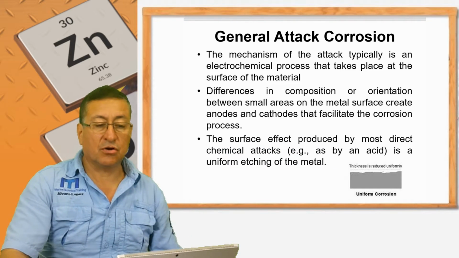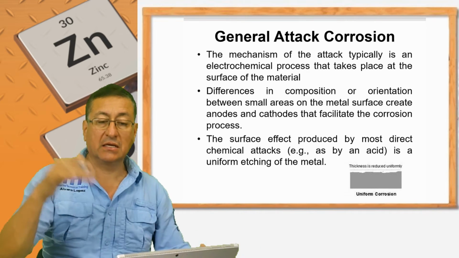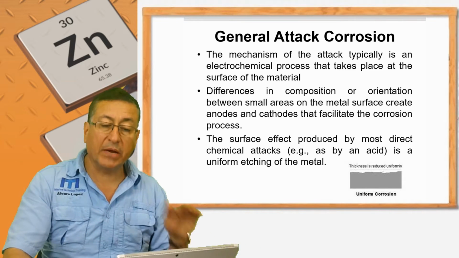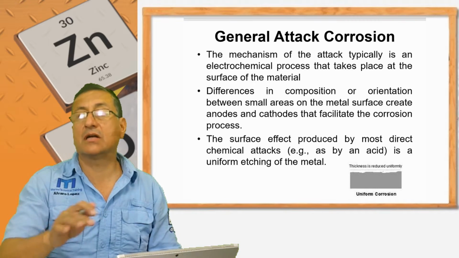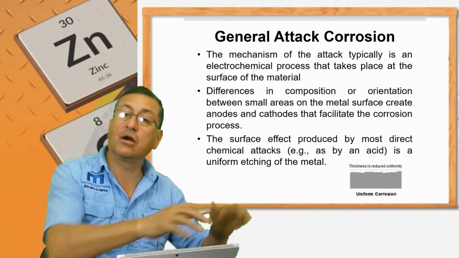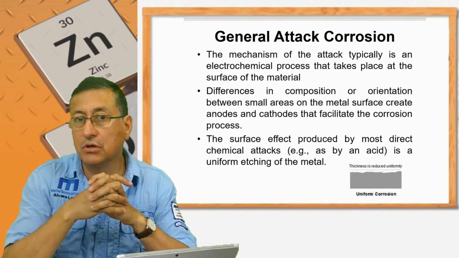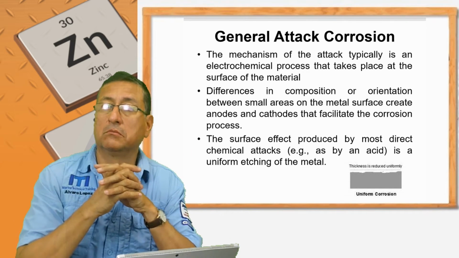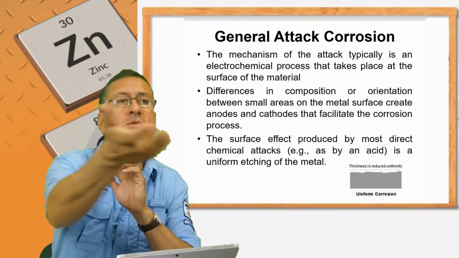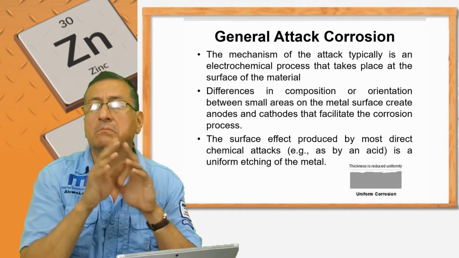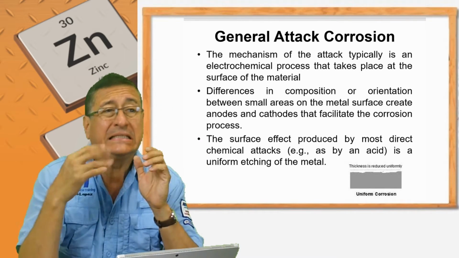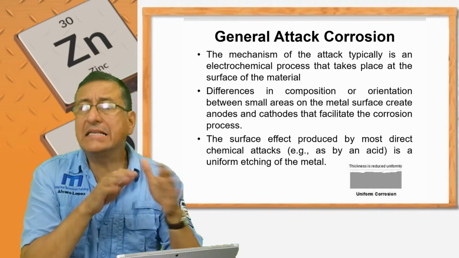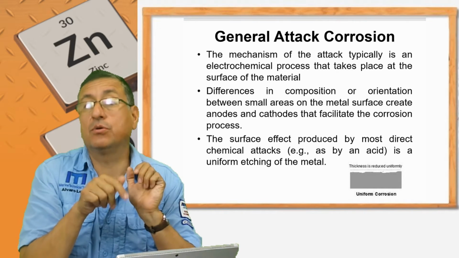General attack corrosion: the mechanism of attack typically is an electrochemical process that starts on the surface and goes and goes. Remember that corrosion is the accumulation of oxidation. All the metals exposed to the environment are oxidized. It's oxidized a little today.